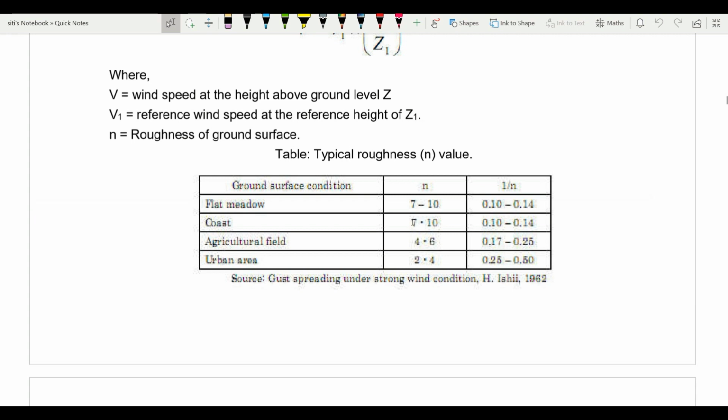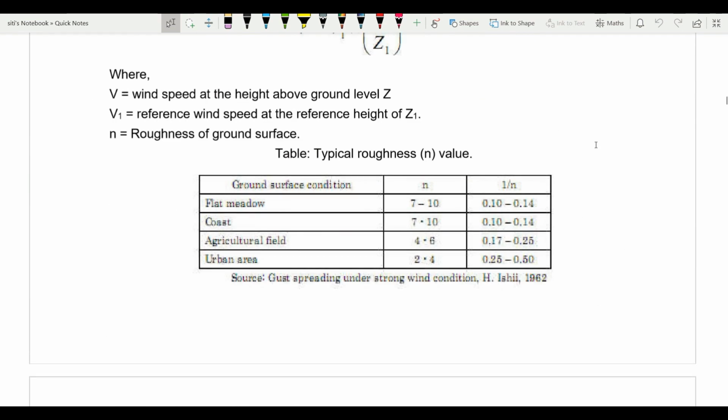For agricultural field, the roughness is reduced to between 4 until 6, so 1 over N is 0.17 until 0.25. Next one, urban area. The roughness is between 2 until 4. So 1 over N, we get 0.25 until 0.5.